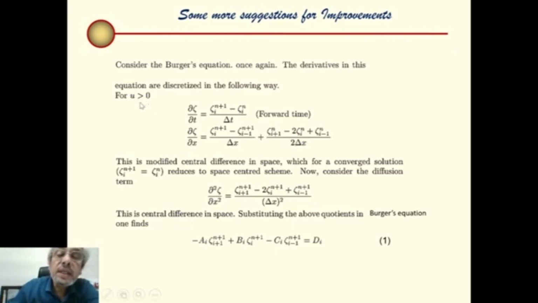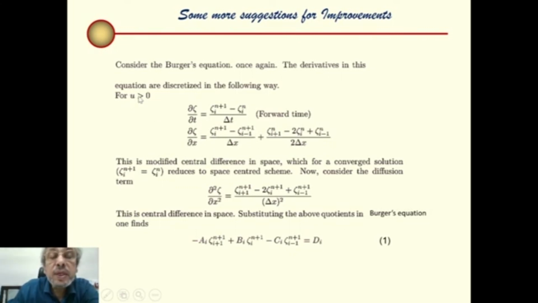So you can see that if u is greater than 0, this is del zeta del t, forward in time, and del zeta del x, the first order derivative, is written as basically upwinding. We are involving the upstream point.